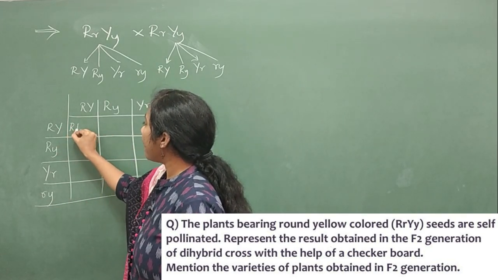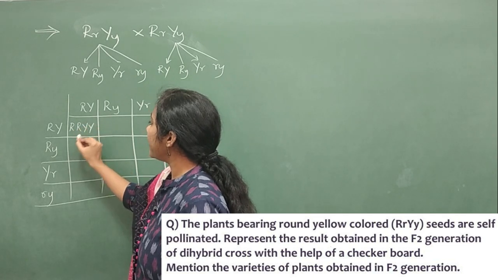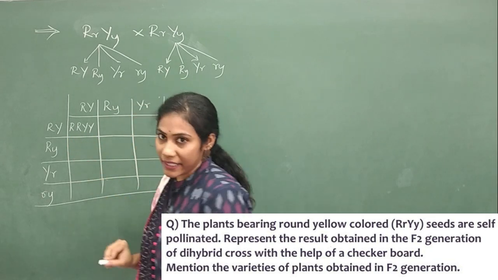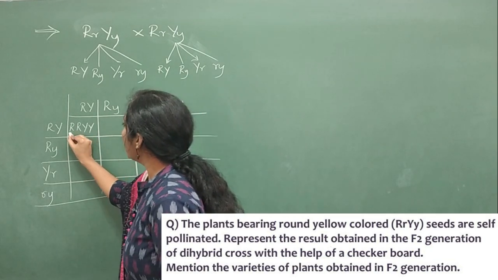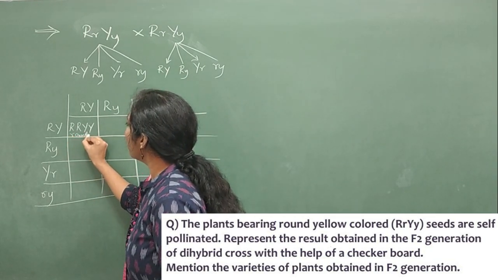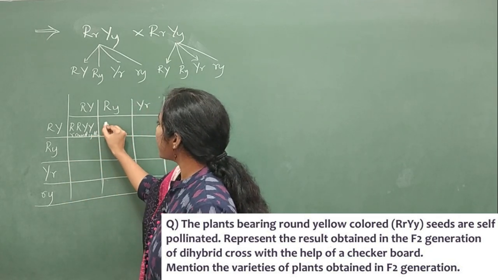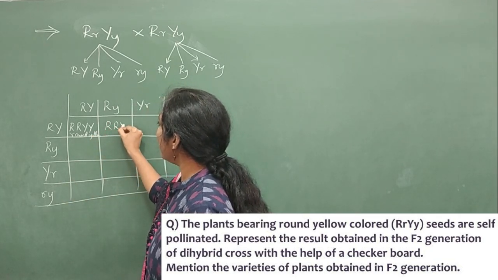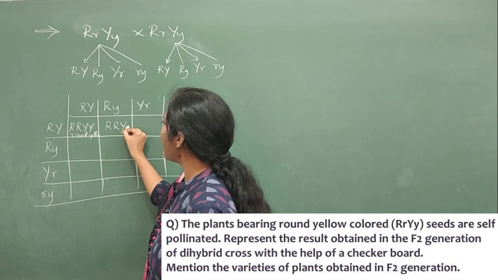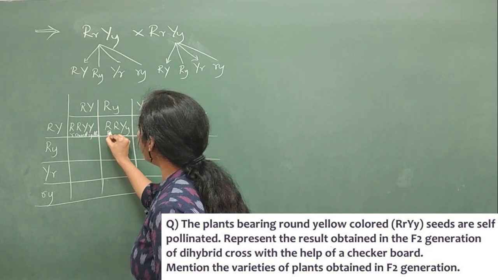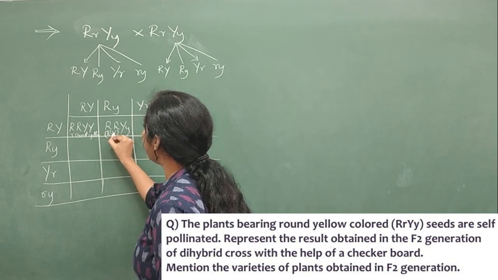Capital R, capital R, capital Y, capital Y. So this is a round yellow category, isn't it? So round yellow category is this variety. And now next is capital R, capital R, capital Y, small y. Right? So this is also round and yellow category.